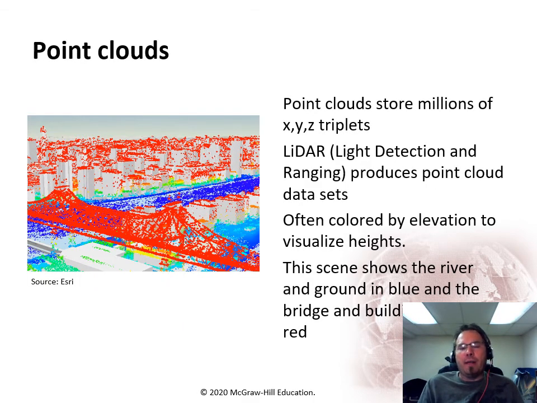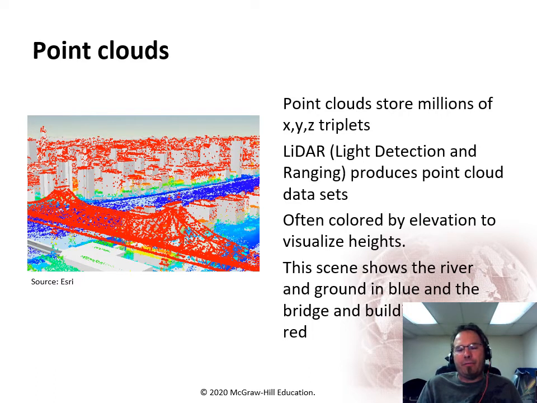Then you have point clouds. Now, point clouds store millions of XYZ triplets. So you have to have all three. This is typically derived from what's called LiDAR, or light detection and ranging, that produces these cloud data sets. LiDAR has traditionally been flown with an airplane.